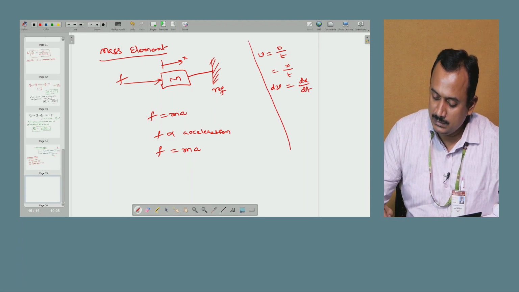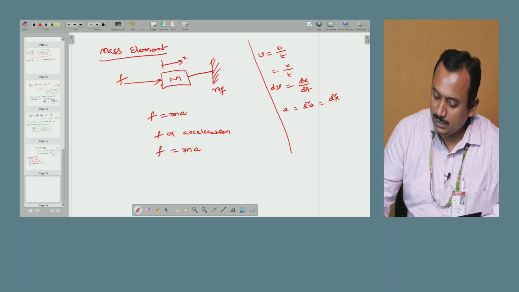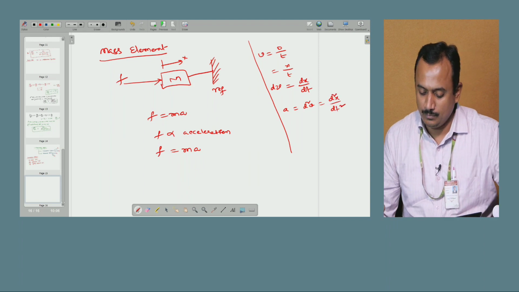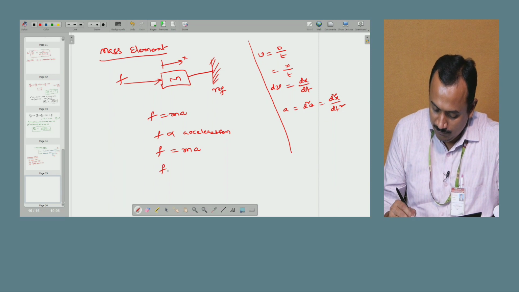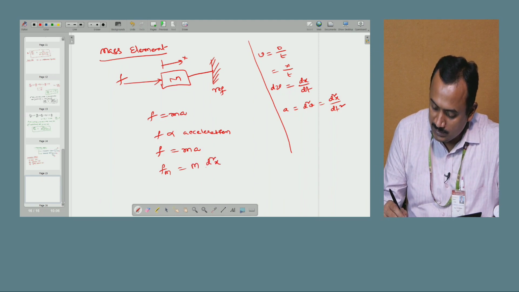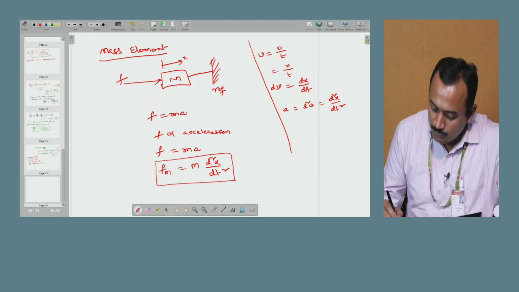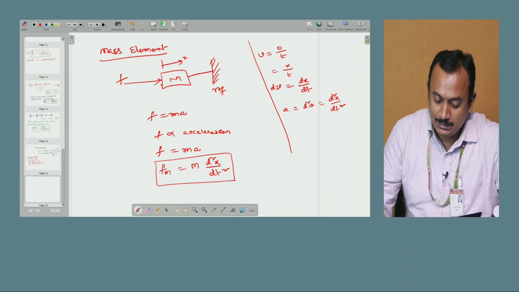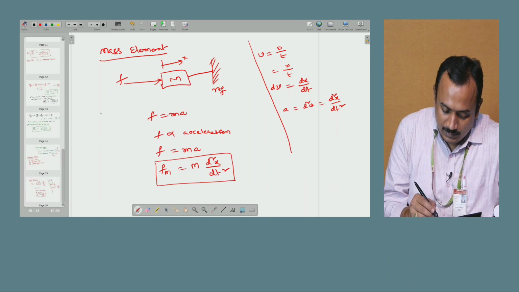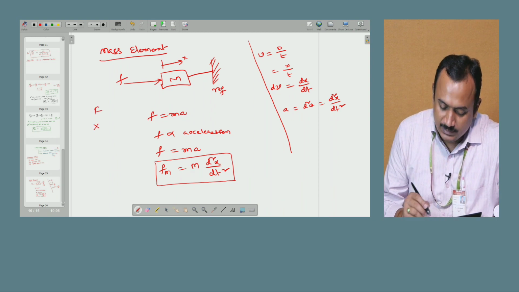And if I need the acceleration, once again it is d by dt of v, that is d square x by dt square. And this Fm, that is force in the mass element, becomes m into d square x by dt square. The reason why I brought the value of a in terms of x is, as we have already identified, the input to this element is F and the output is x.